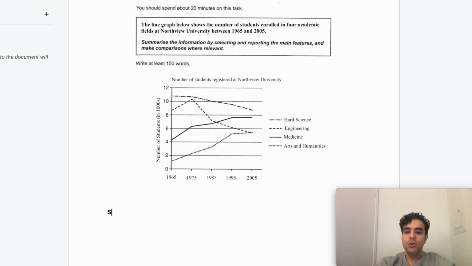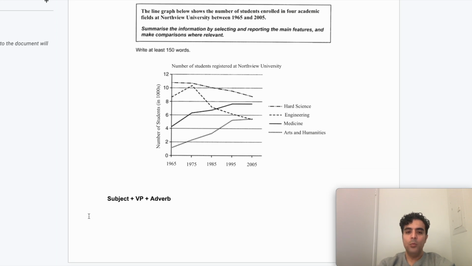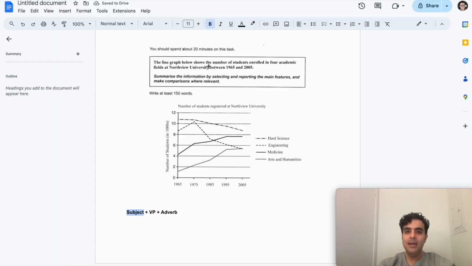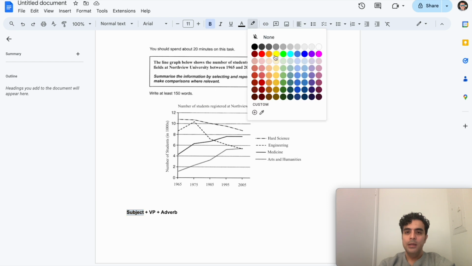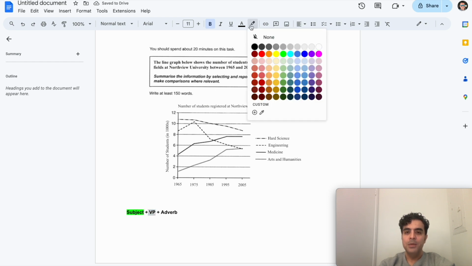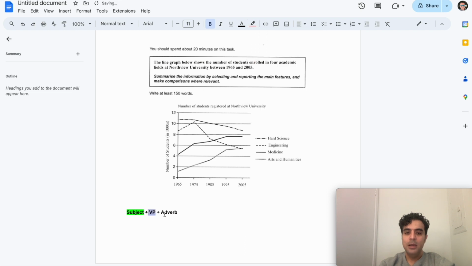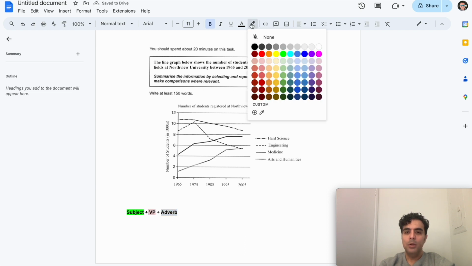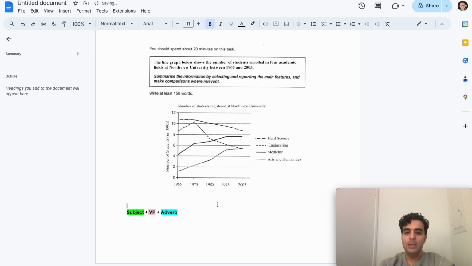So remember, the structure was subject, verb phrase, adverb. Pretty easy, right? And we're going to use the color coding again, because I know this is going to be helpful to many of you out there. So verb phrase, and then the adverb will be coded as well.